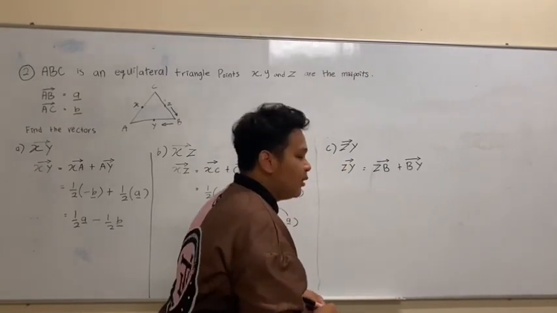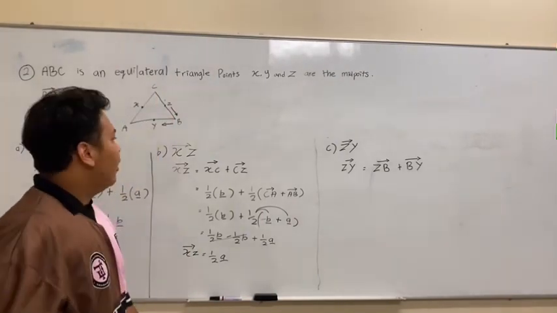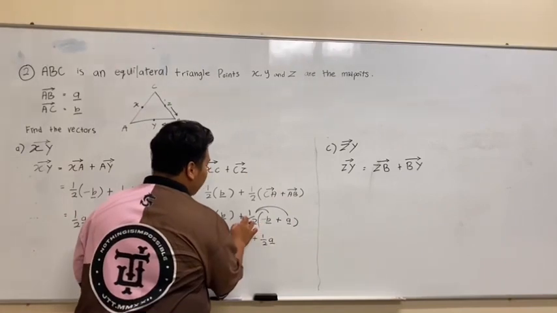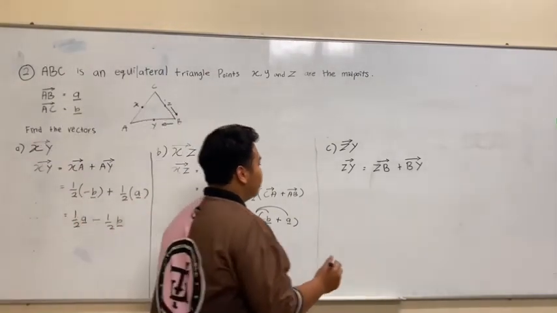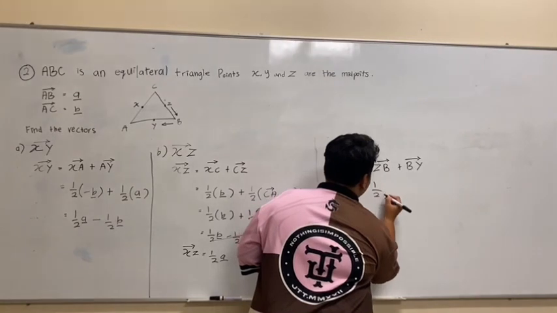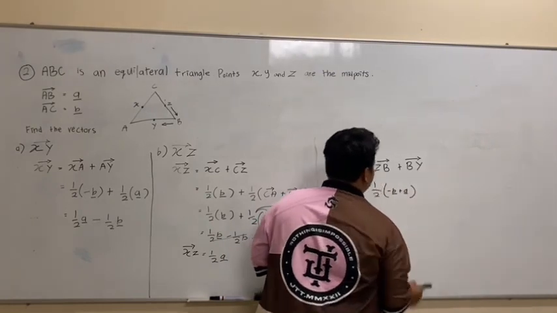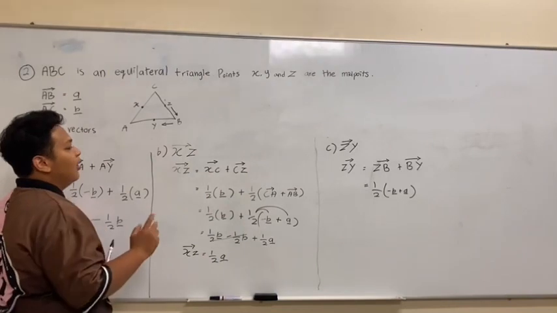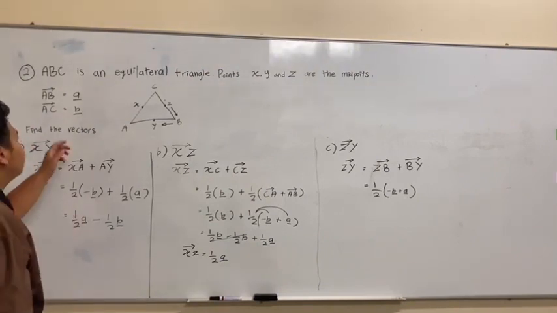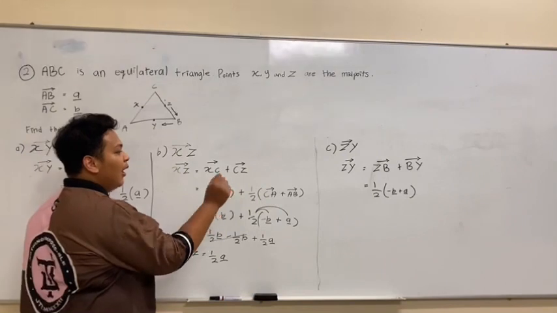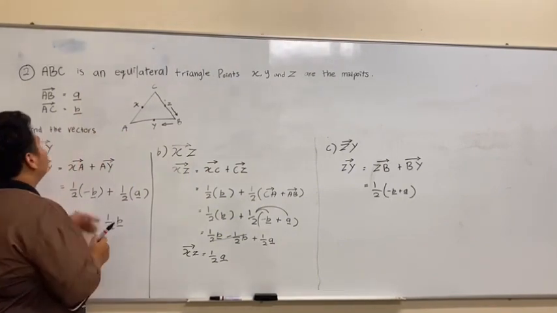For the next step, we have to find half of C to B. Half of CB, we already got: 1 over 2 multiplied by negative B plus A. So we put the equation as 1 over 2 multiplied by negative B plus positive A. And then for BY, the question gives us information that vector AB must be positive A, but this time we have to find half of B to A. When we want to find B to A, we have to reverse the magnitude from positive to negative.